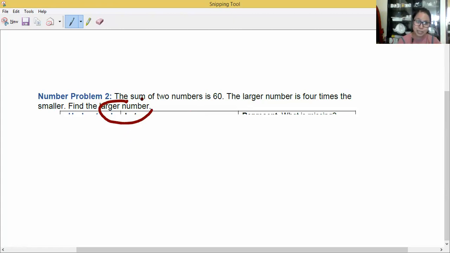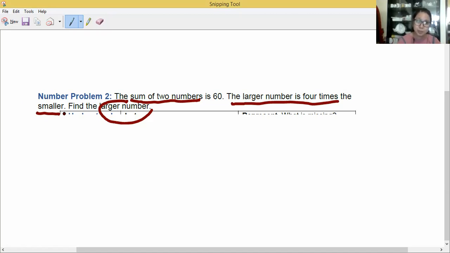In the first sentence, it says the sum of two numbers is 60. You can use the first sentence in solving the equation, or you could use also the second one. For example, if we use the second sentence, you need to check what number is the last being mentioned, the larger or the smaller.